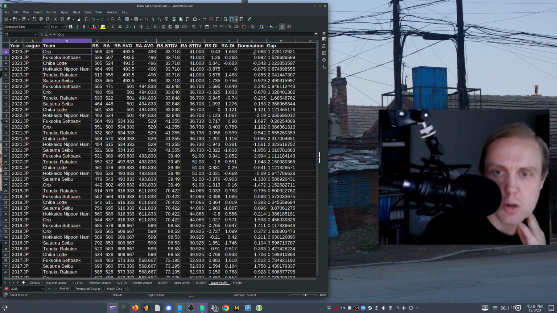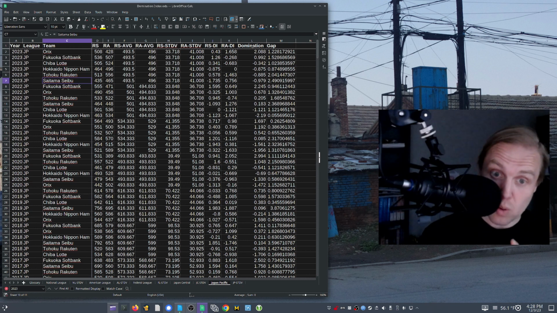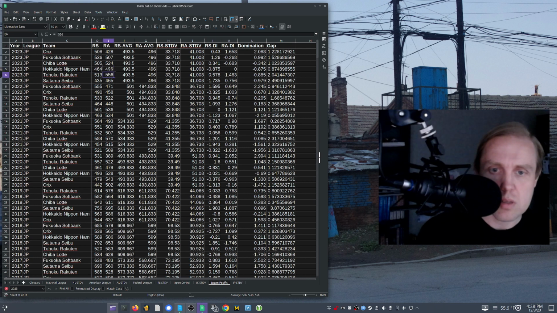Oryx, the Buffaloes, though, ended up with the most dominating season of the year, and then they almost won the Japan Series, going to the 7th game. There was no particularly bad team. And see, what happens here when you only have 6 teams in the league is that the domination spread, for the most part, generally is not quite as extreme. You'll notice this if you just look at the raw numbers, and if you look at the standard deviation numbers as well.